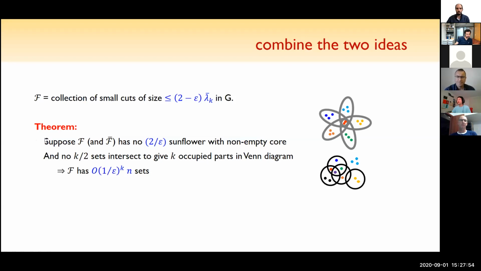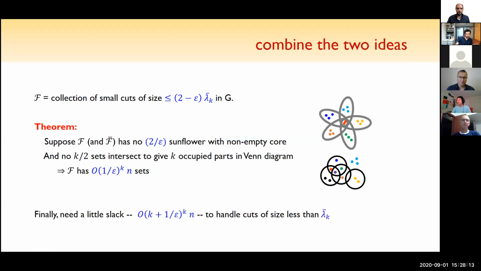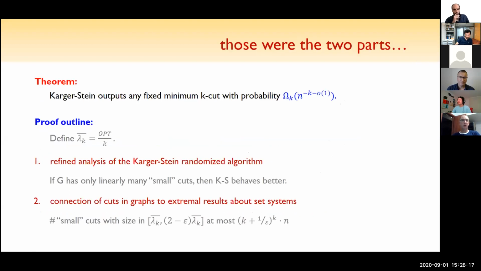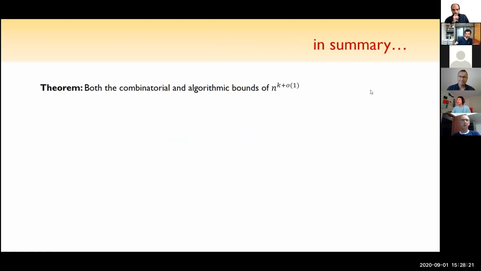Again, what we show is that any set system satisfying these two properties will have a linear number of sets. In particular, the set of small cuts will also satisfy this. This is a simple inductive argument that we make in the proof. Yeah. So that's the high level of our analysis.